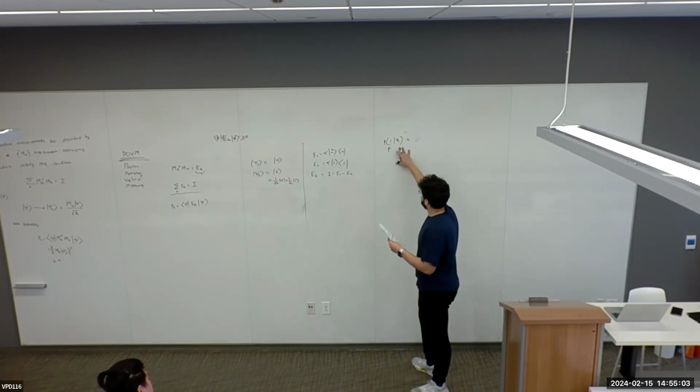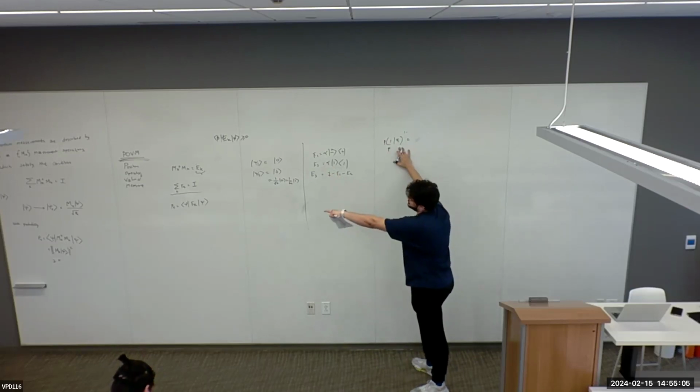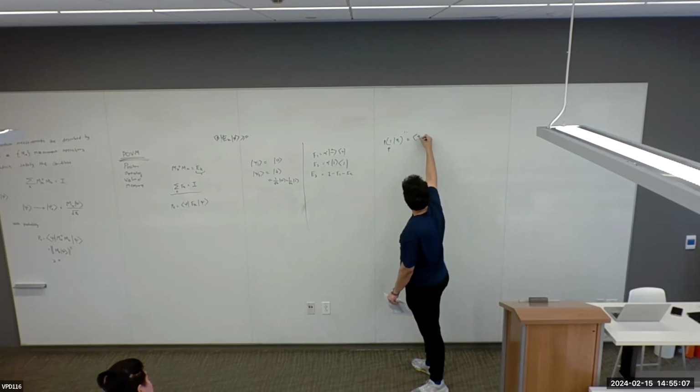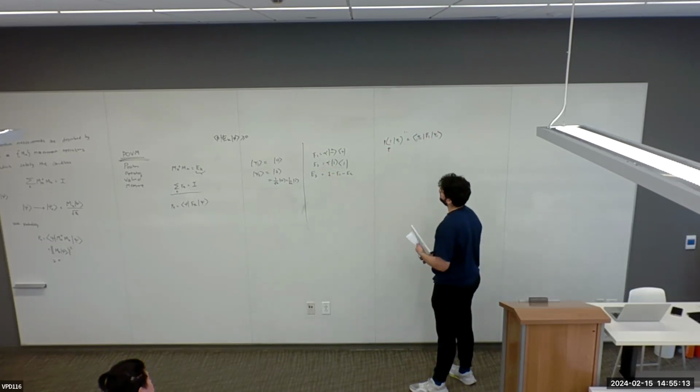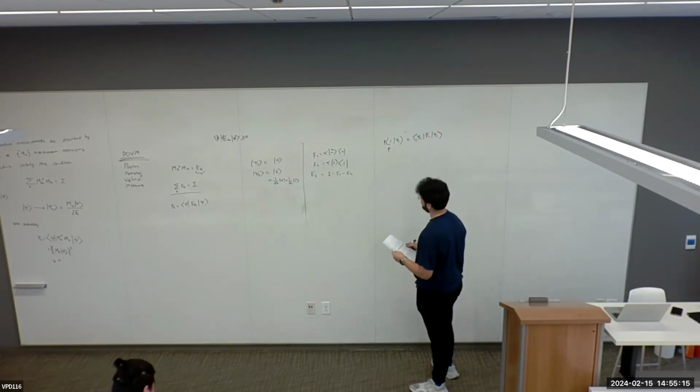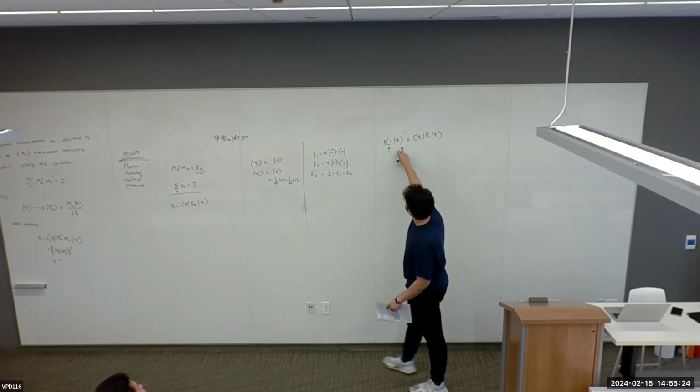So how would you calculate this probability? It's the same, so it would be psi 1 E1 psi 1, when given psi 1.